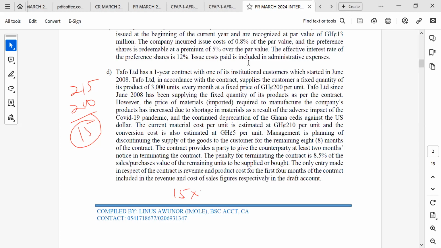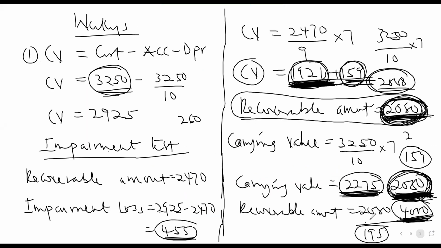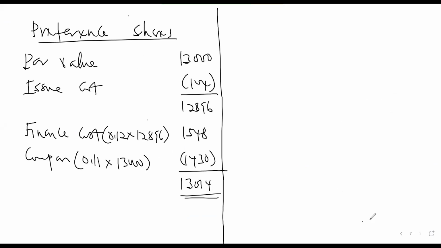So let's look at the total additional cost that we'll be incurring over the 8 months. That will give us how much? 360,000.